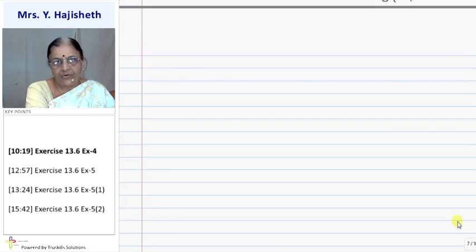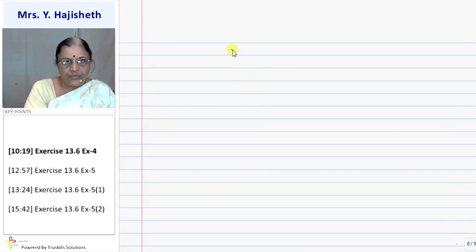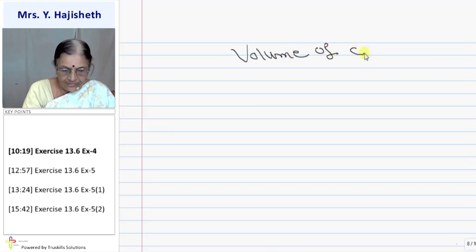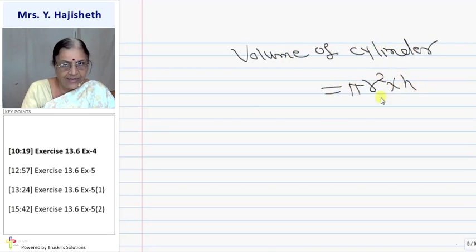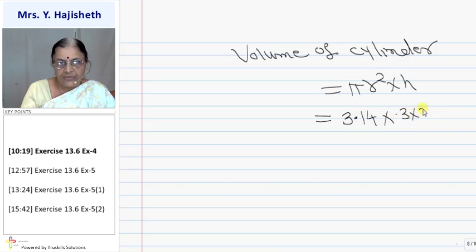Now I am asked to find out the volume. So, formula for volume of cylinder is area of base pi r square into h. R was missing, now it is calculated. R is given as 3, 3 into 3 r square and h is given as 5. So it is 3.14 into 45.